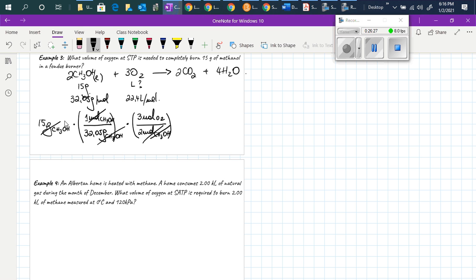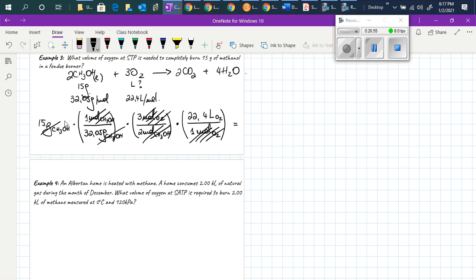So the moles are cancelled out, times, now we are dealing with STP conditions, so we'll use the molar volume: 1 mole of oxygen is 22.4 liters of oxygen. So moles and moles are cancelled out.